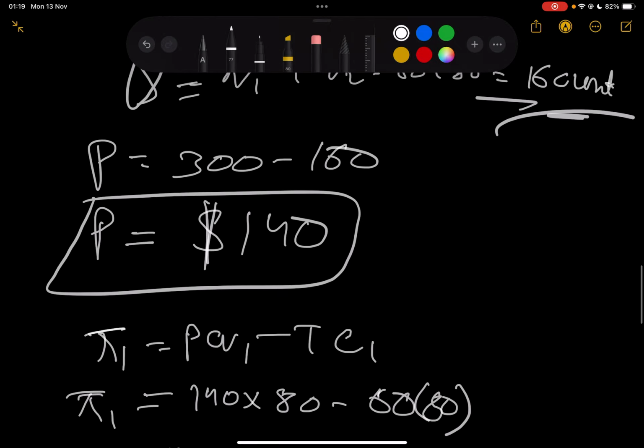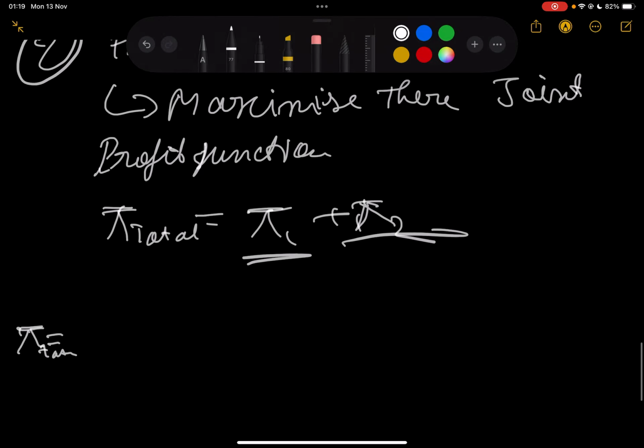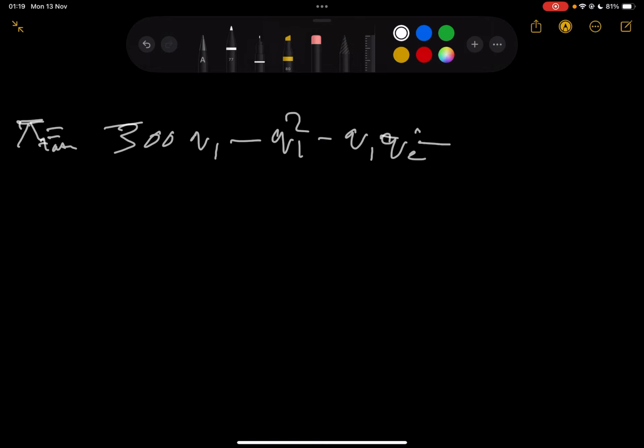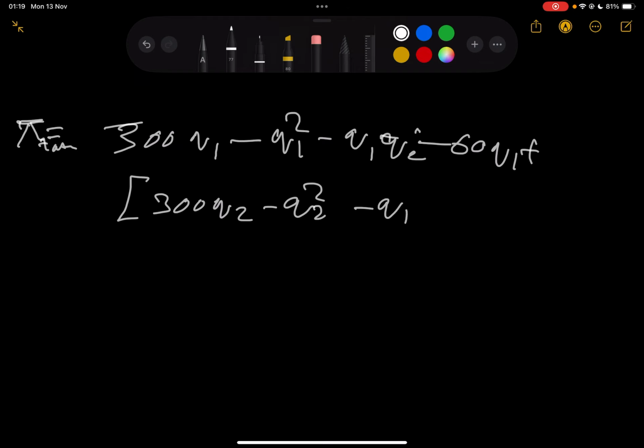Now, the total profit, if we look at the last equation that we did, is going to be 300 Q1 minus Q2 minus Q1, minus 60 Q1, plus, in brackets, 300 Q2 minus Q2 square minus Q1 Q2 minus 60 Q2.